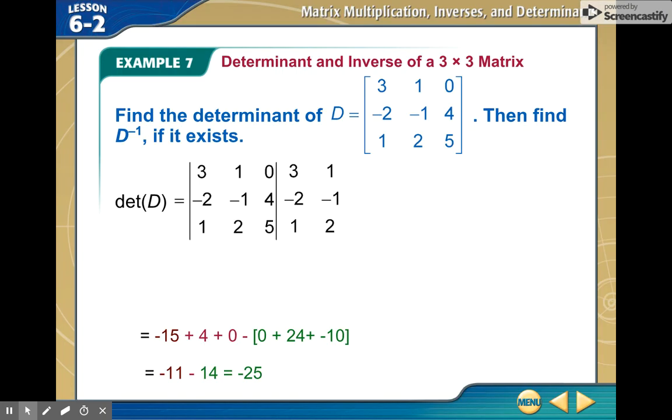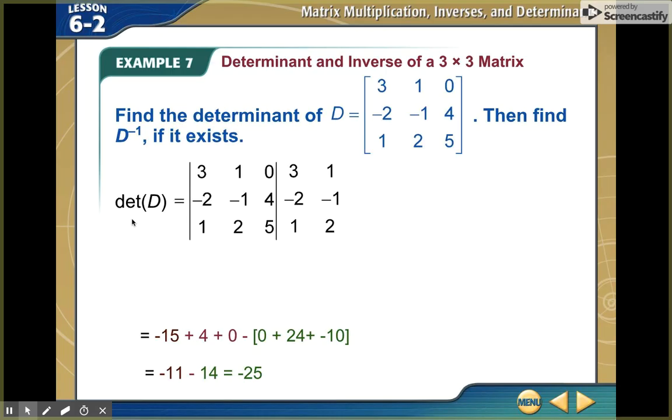When I multiply the first way, my values like that all become here. So 3 times -1 times 5 is -15. 1 times 4 times 1 is 4, and 0 times -2 times 2 is 0.